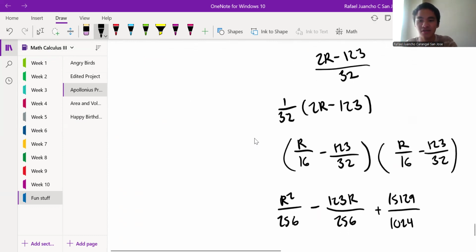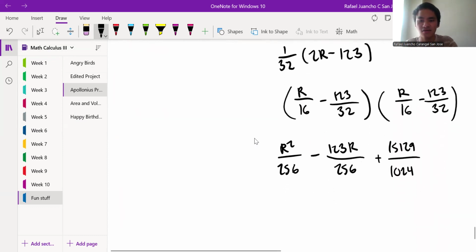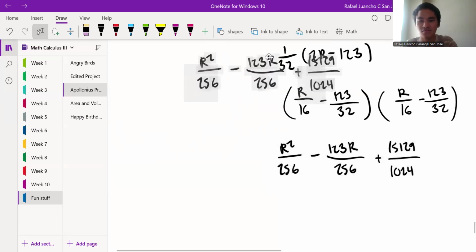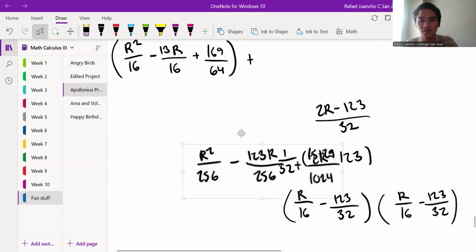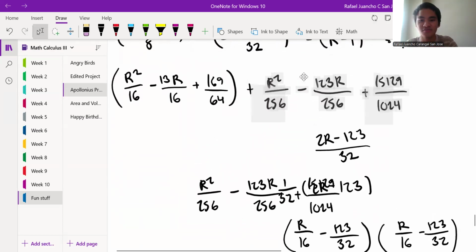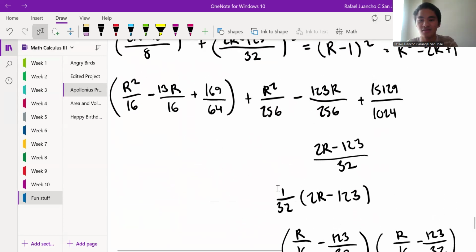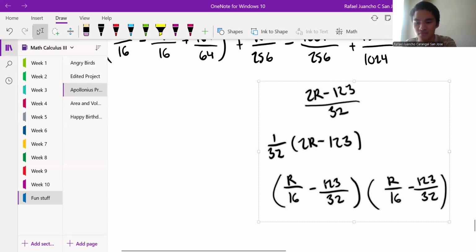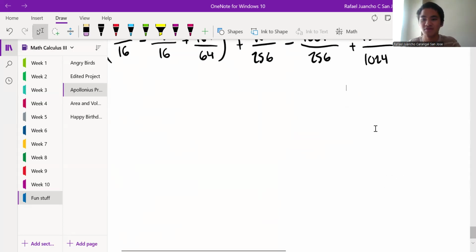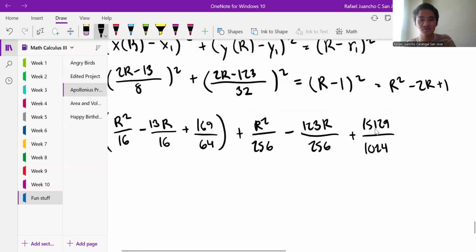Okay, so that's me expanding. Can I just copy and paste this? God, long computation, very long. Okay. And then from here, we get, well, that thing, right?